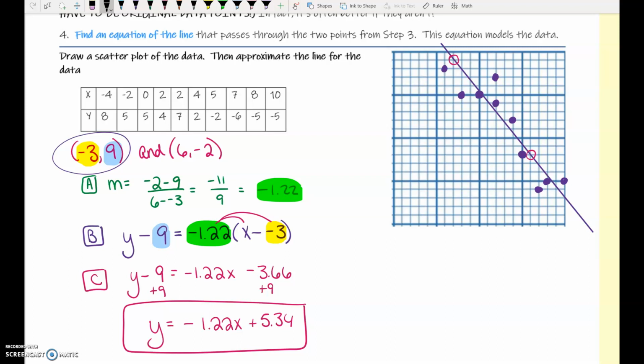I'm going to write down the equation that the computer says is the correct, best fitting equation.